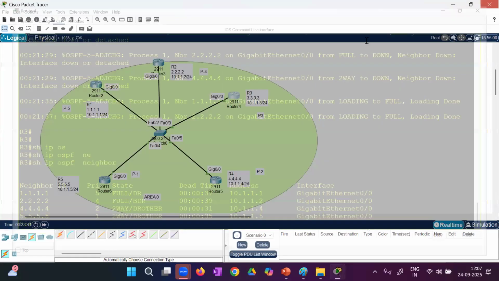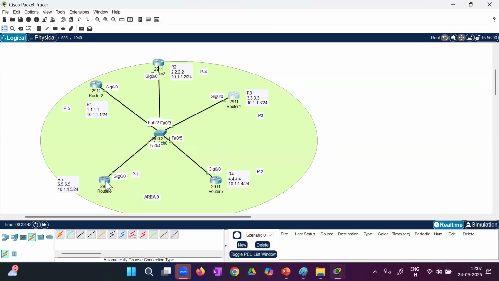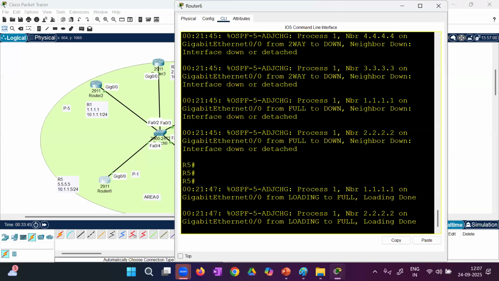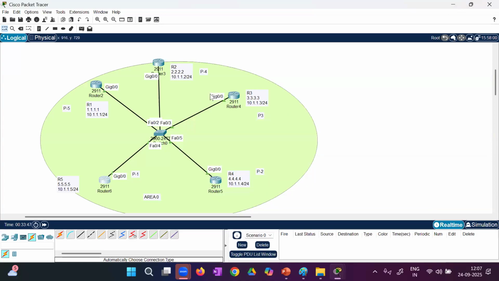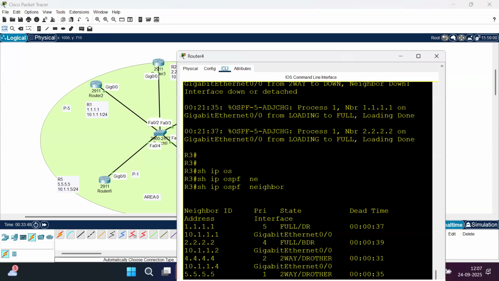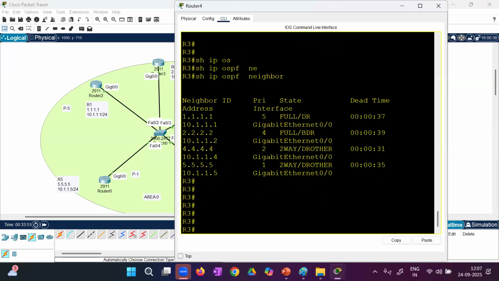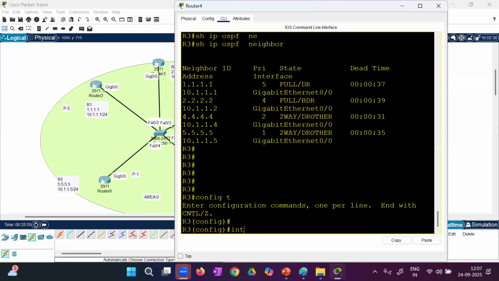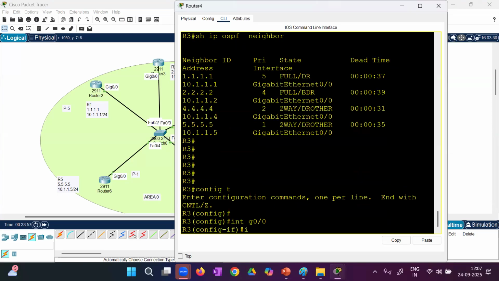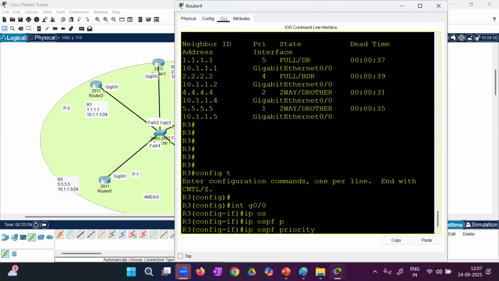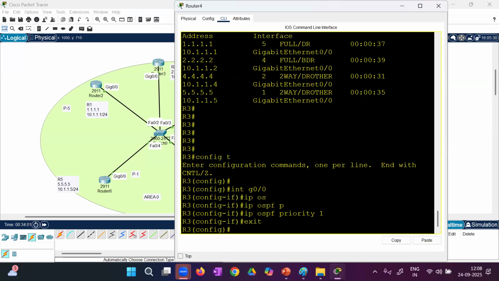We have a very exciting question. So you want to keep the rest of the routers at the same priority number, right? Interface G0/0, IP OSPF priority as 1, give exit.